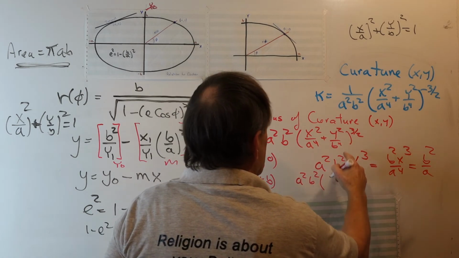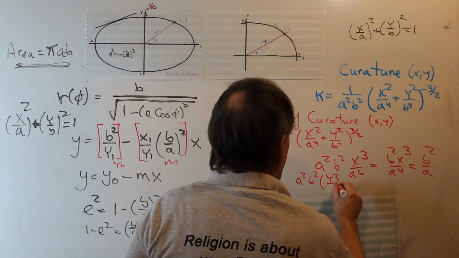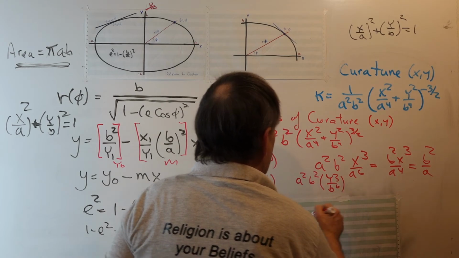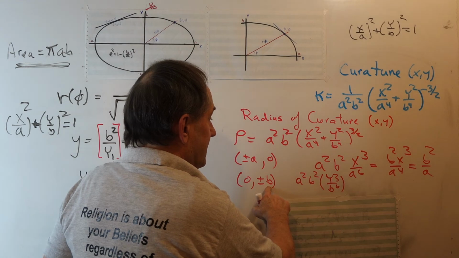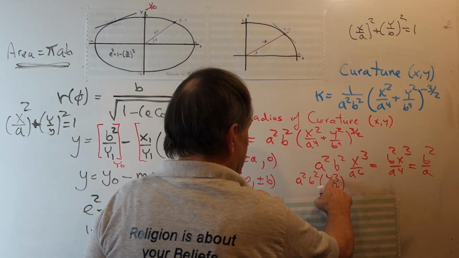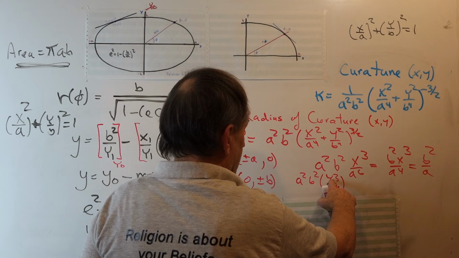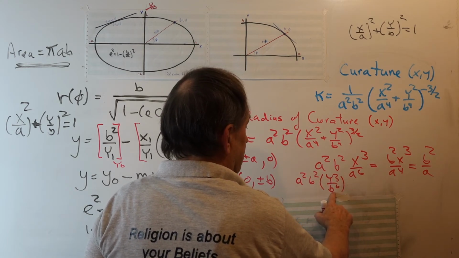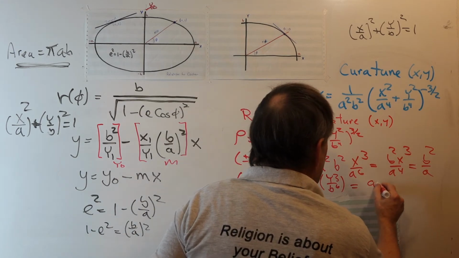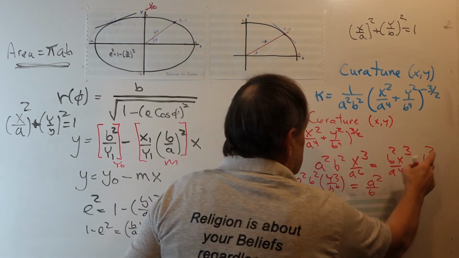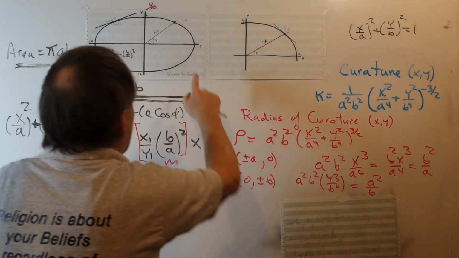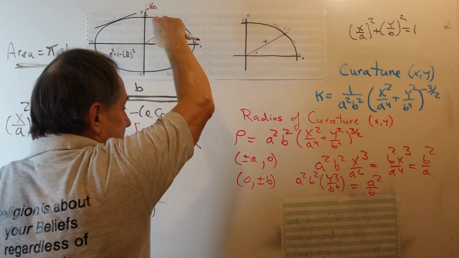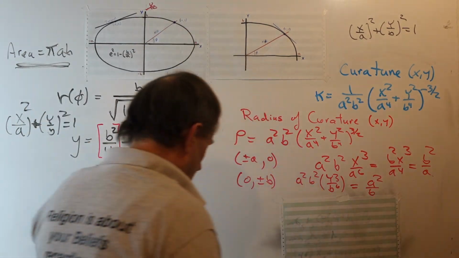X is 0, so we have y to the third over b to the 6th power, and y is equal to b, so b cubed times b squared is b to the 5th divided by b to the 6th, so this becomes a squared over b. So it's just inverted. At the equator we have b squared over a, and at the co-vertex we have a squared over b.